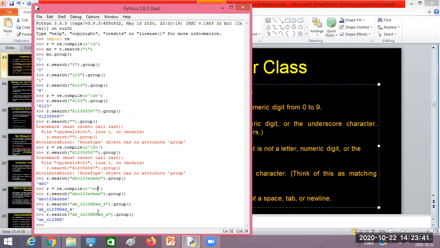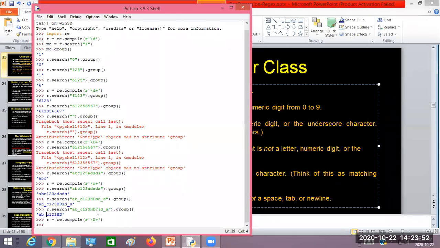Now, let us understand another one. Now I'll write plus with the capital letter W. If I execute this one, will it produce any output? Only dollar, sir.